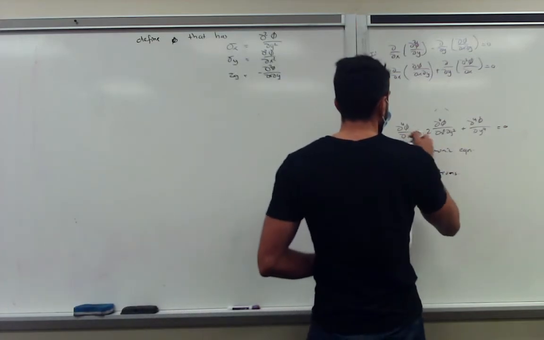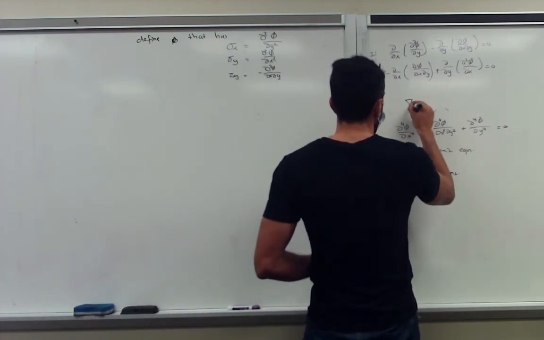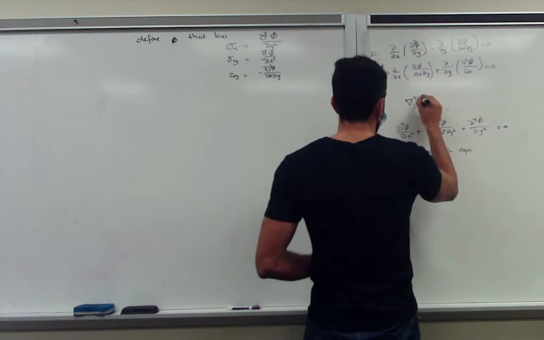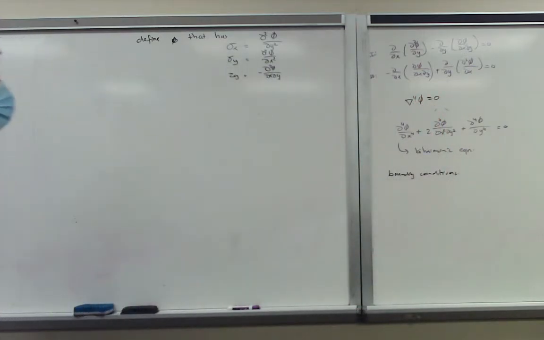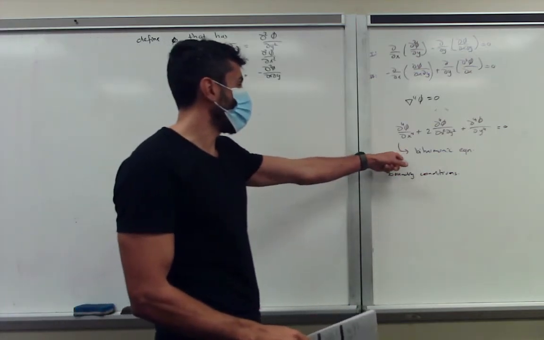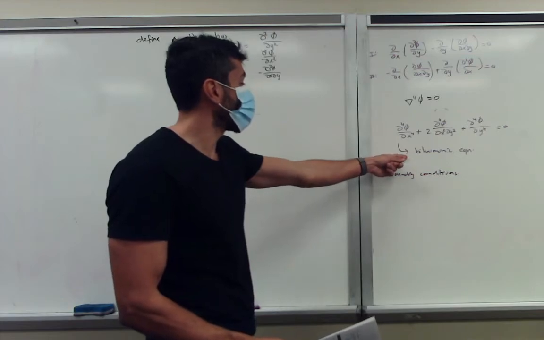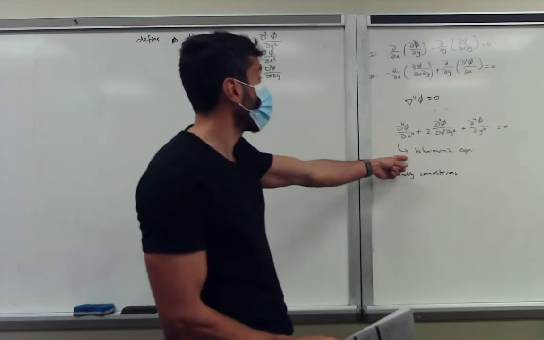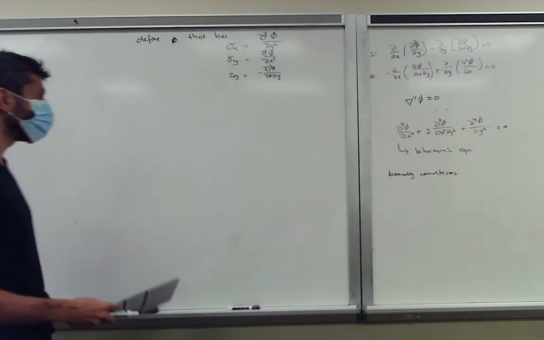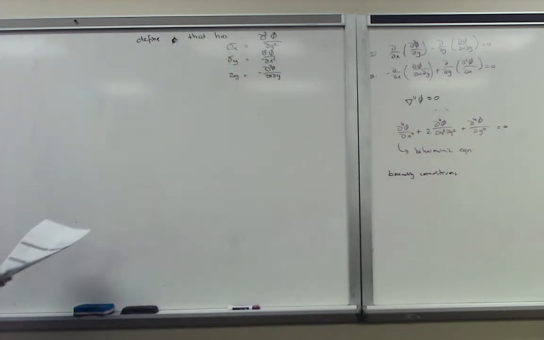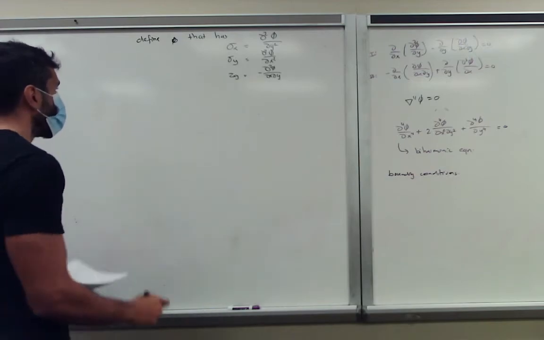And by the way, you can write this slightly differently using the nabla operator. You can use that as well. So as long as we manage to satisfy our biharmonic equation, the solution will basically be a valid solution. So let's look at an example and use that.